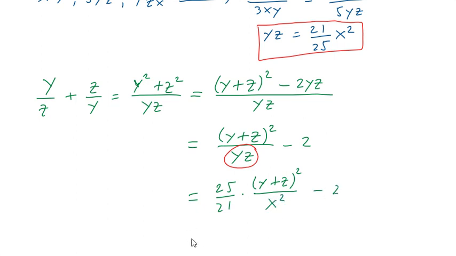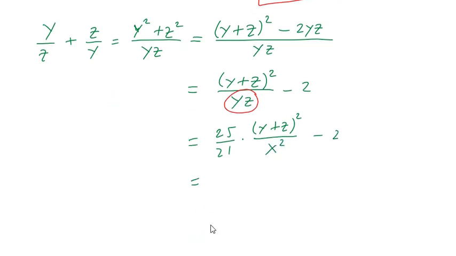We can further write this into 25 over 21 times ((y plus z) over x) all squared minus 2. Okay, so if only we know the value of (y plus z) over x, then we are done, right? Now, how can we come up with an equation containing (y plus z) over x so that we can find the value of this?